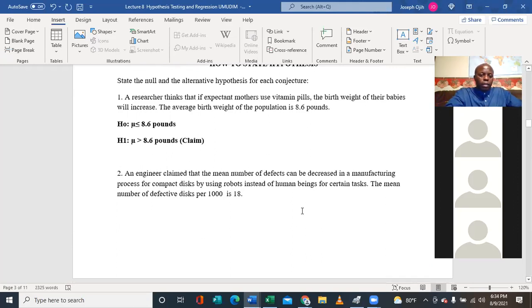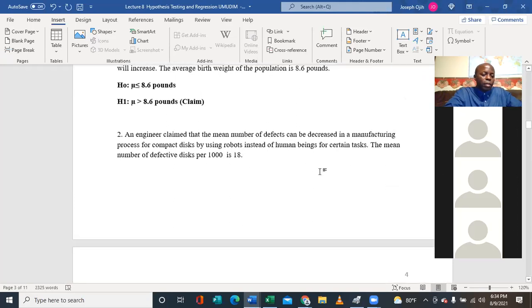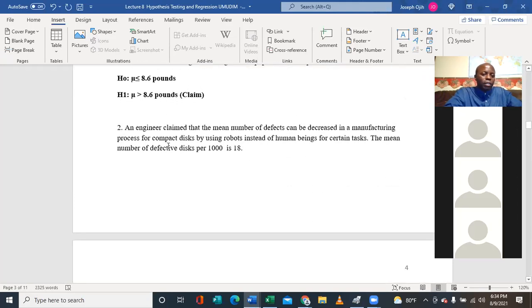No. Okay, good. Part B, number 2 says, an engineer claimed that the mean number of defects can be decreased in a manufacturing process for compact discs by using robots. See, can be decreased by using robots. Can you highlight decrease?